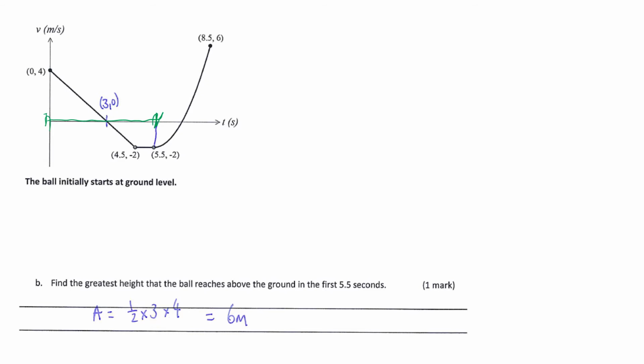So because it starts at ground level, the greatest height reached is simply the area of this triangle. Of course you could have used your constant acceleration rules as well, for an initial velocity of 4 and an acceleration of -4 on 3. But I think the neatest way is to appreciate the area under the curve, that in that 3-second journey is equal to 6. So the greatest height it reaches is 6 meters above the ground.